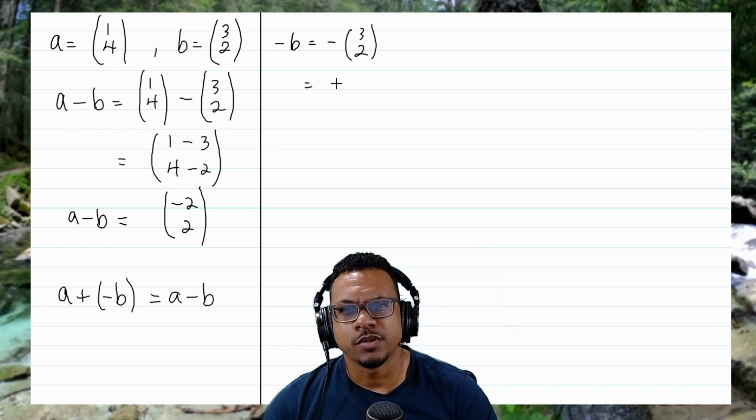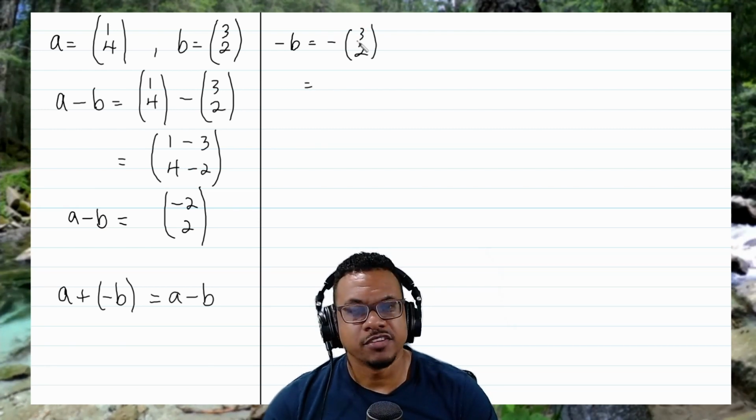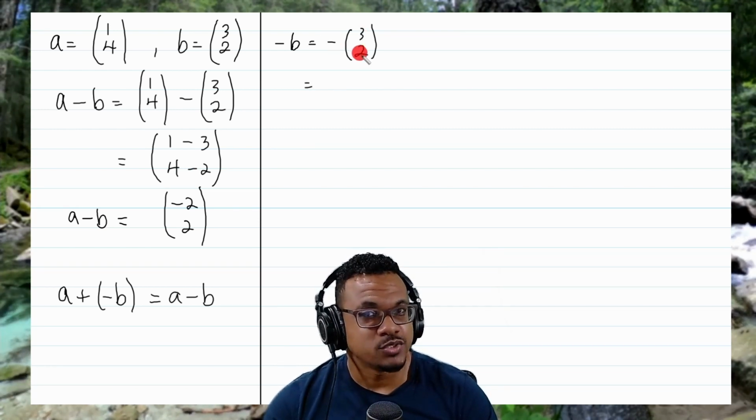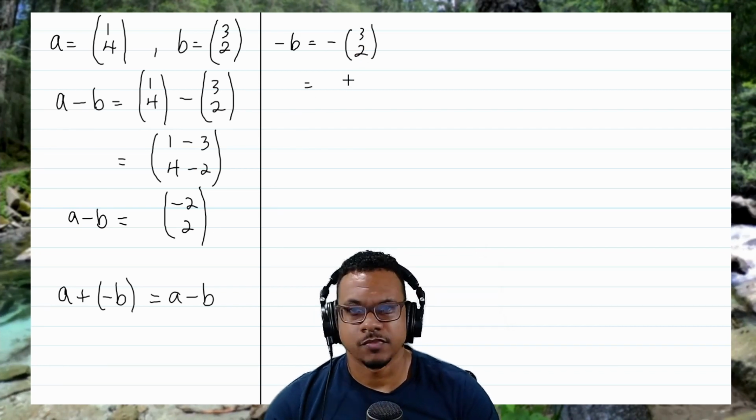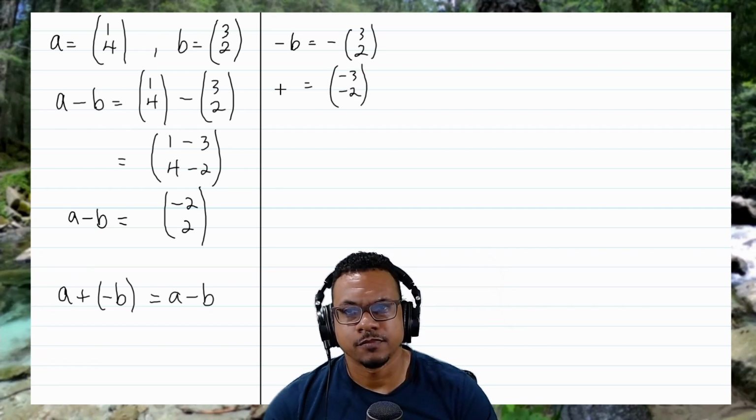So that'll equal the vector negative 1 by 3 is negative 3 and negative 1 by 2 is negative 2. So we'll have the vector negative 3 and negative 2. And this will be the vector negative B.